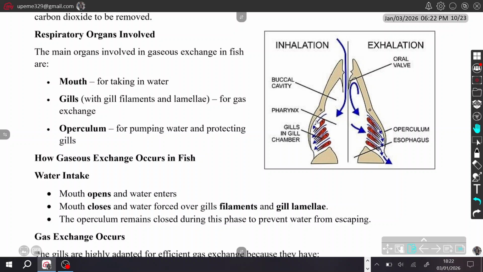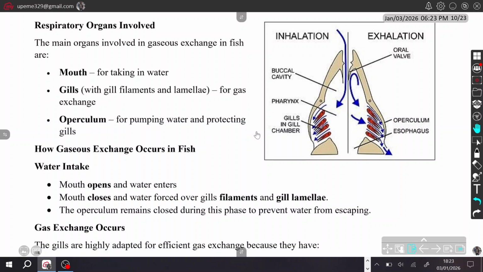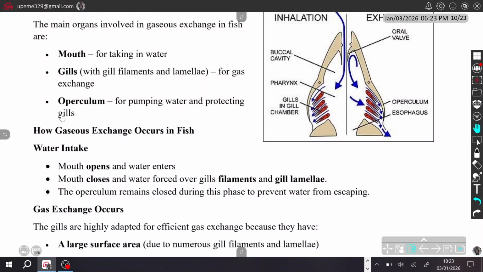So here the operculum is closed. You see here the operculum must be closed. The operculum remains closed during this phase to prevent water from escaping. So when the water enters, the fish closes the mouth.